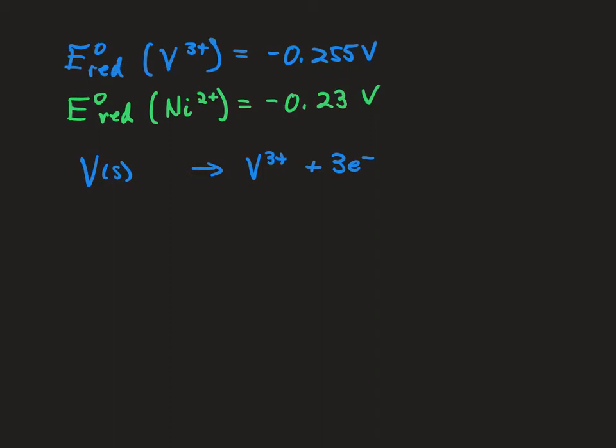And the potential for that would then be plus 0.255 volts. And then we'll do our reduction of our nickel. So our nickel ions plus 2 electrons going to nickel metal.